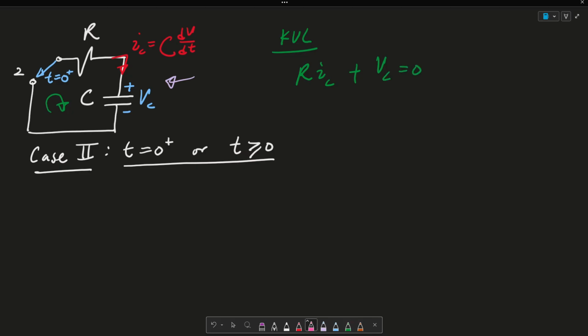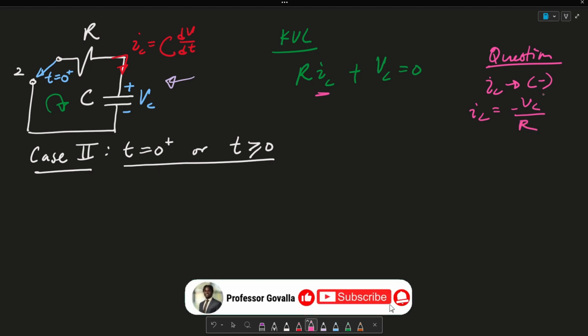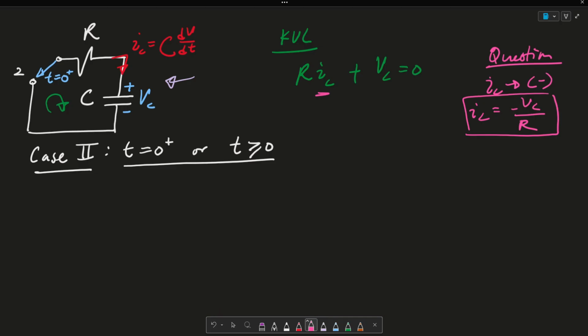As a side question, which I will answer at the end of the video, if we solve for IC, notice that it's going to be a negative value. Really quickly, IC is equal to minus VC over R. Why is this negative? Please leave your answers down in the comment section below and check at the end of this video to see if you got it correctly. Let's go back to our equation here.